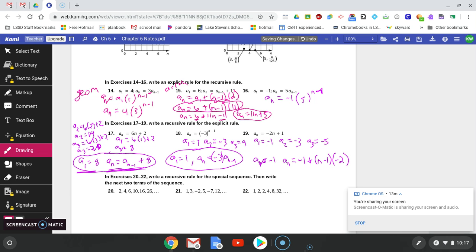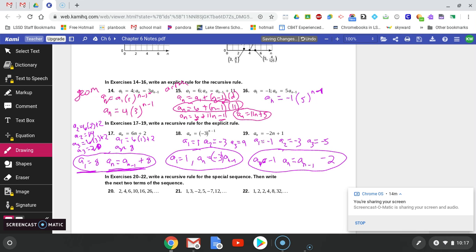I just put it back in the same format we already started at. I did the explicit rule, so let me erase. This is not correct. Hopefully you guys are paying attention and caught that before I caught it myself. So a sub n is equal to, well, I'm taking the term before it, and I'm subtracting 2 from it. So a sub n minus 1 minus 2. And that is the recursive rule. We didn't need the explicit rule. We already had that one.